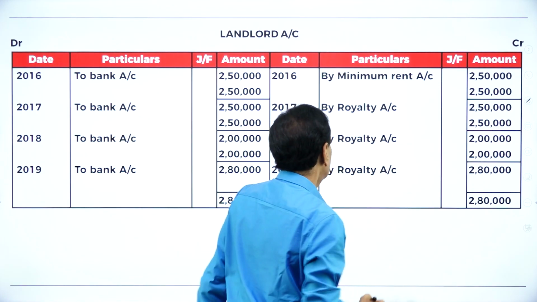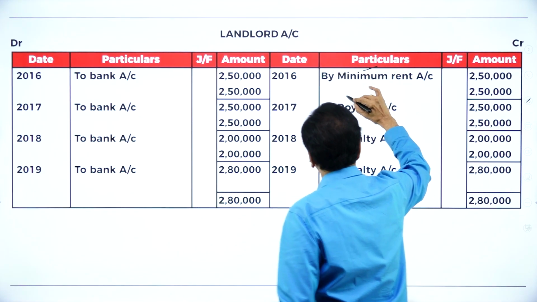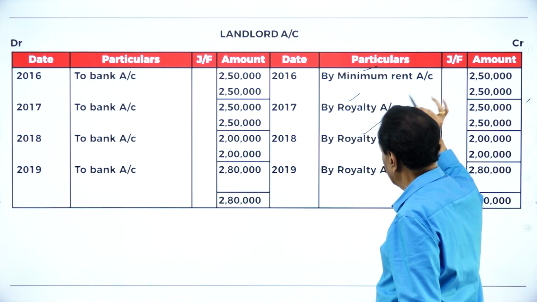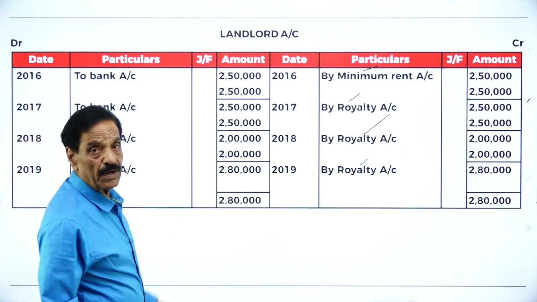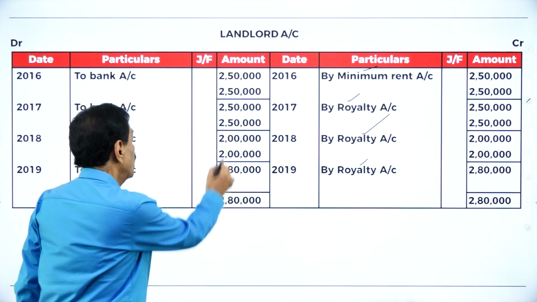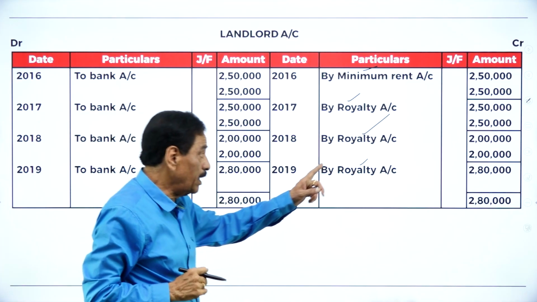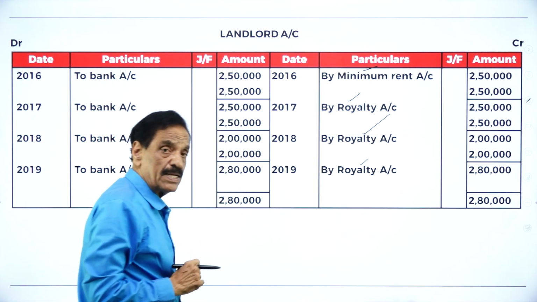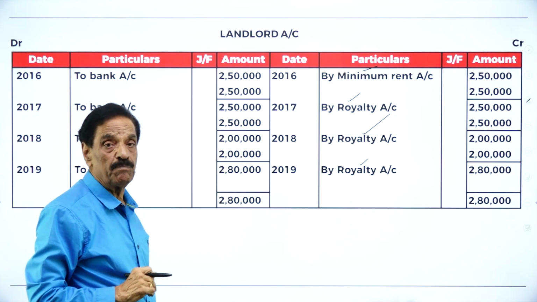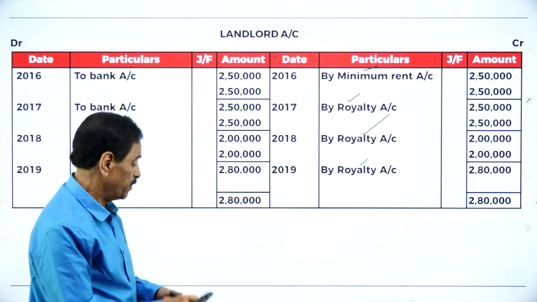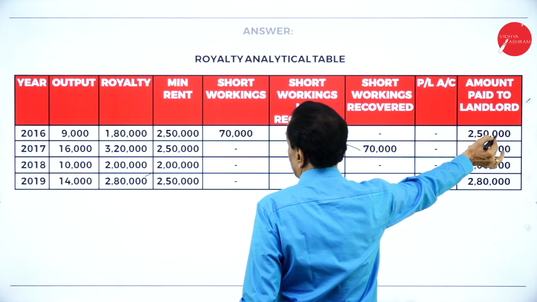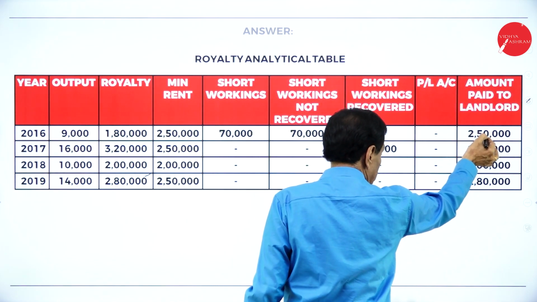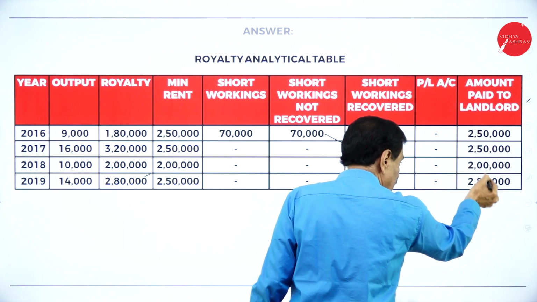This is nothing but the royalty. Here, all we paid: 2,50,000, minimum rent has been paid; 2,80,000, royalty has been paid. You have to look at the chart here. Here you tell, which is more. Minimum rent is paid, royalty, royalty, royalty.